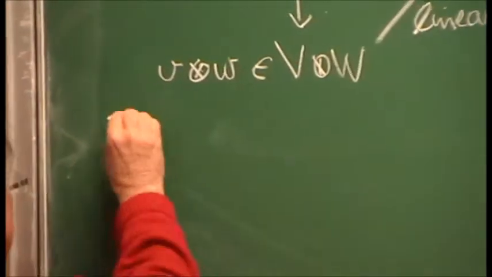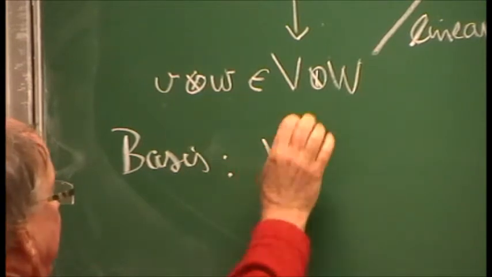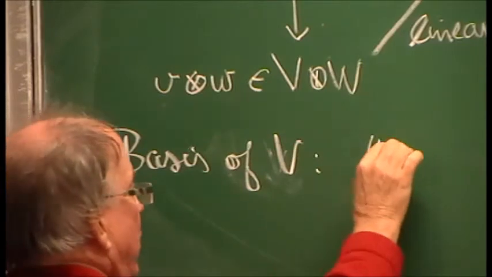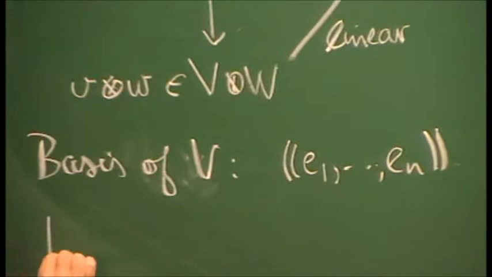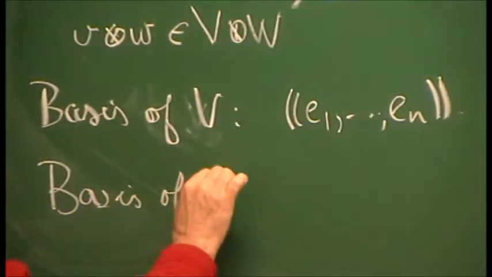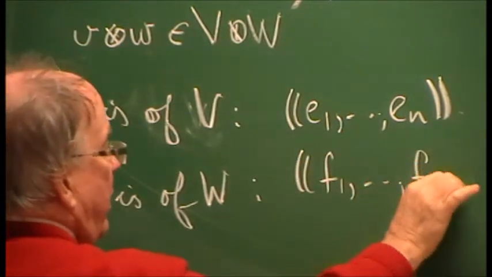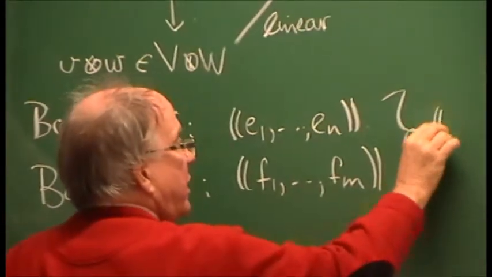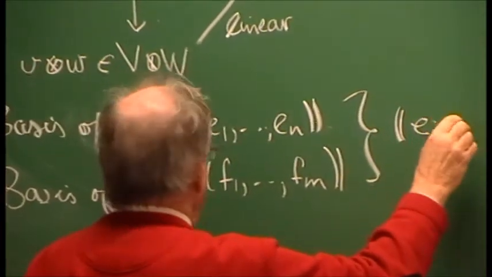And if you have a basis, let's say of V, say E1 through En, and a basis of W, say F1 through Fn, then the basis of the tensor product is just the pure tensors of that type. You can check it.